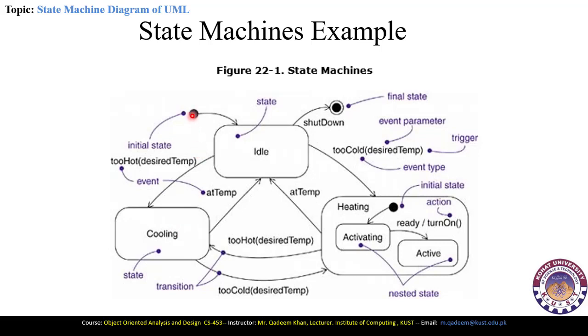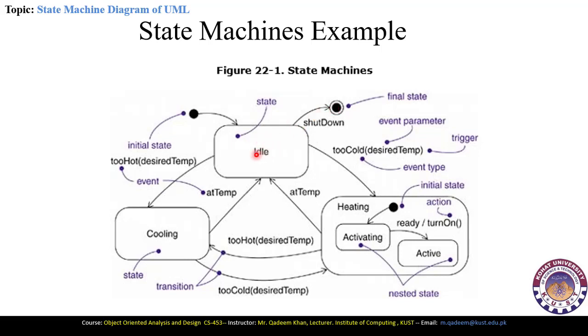Now we are starting from the very first start. For example, from here this state machine is starting. First of all we have the idle state. From the idle state, you can see that directly it can go down to the shutdown state due to certain reasons or certain problems. For example, if there is a power failure, then the system will be shut down.